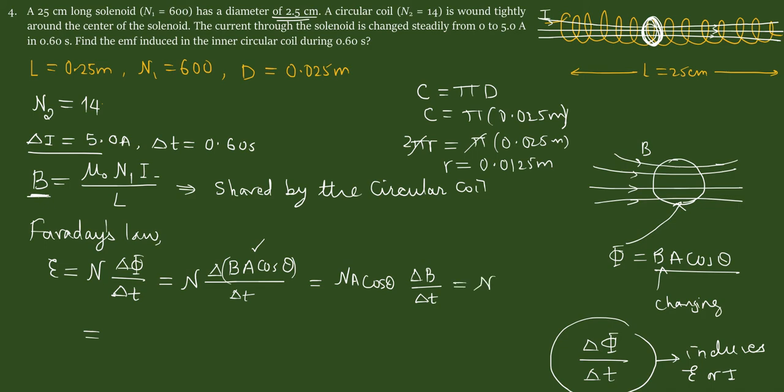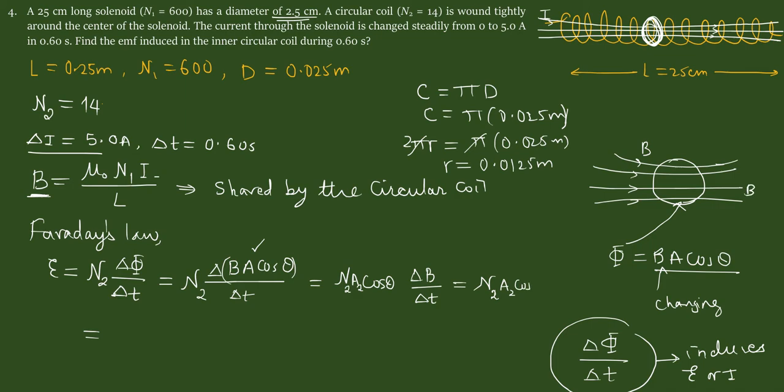Okay, and this N is the number of loops in the coil, because we are talking about the current produced in the coil. So this is the coil, which is N2, and that's the area of the loop. So let's call that A2. So that's N2, A2 cosine theta.